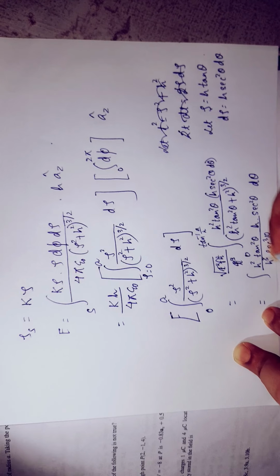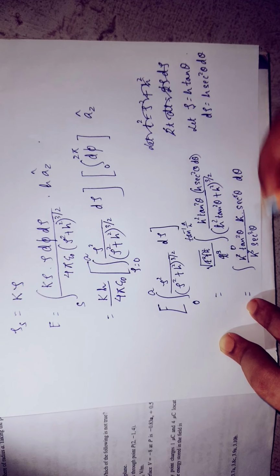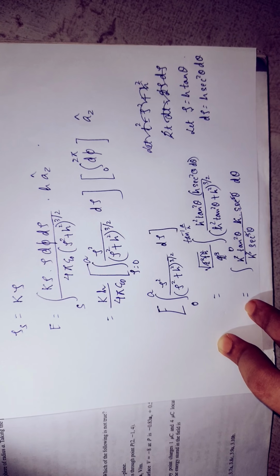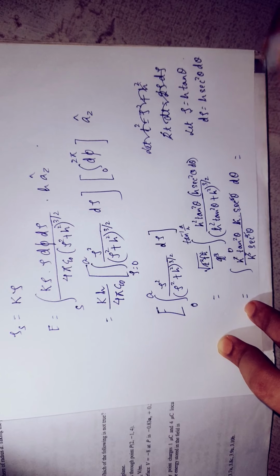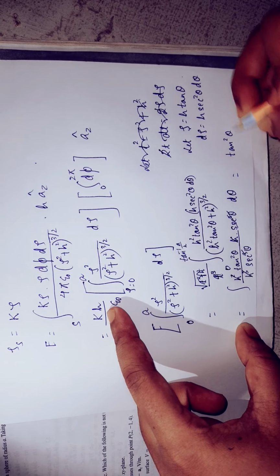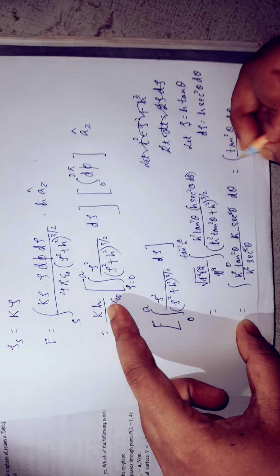See, all these h terms are getting cancelled. This sec square theta will also get cancelled. So I have this much remaining, that is tan square theta divided by sec theta d theta.